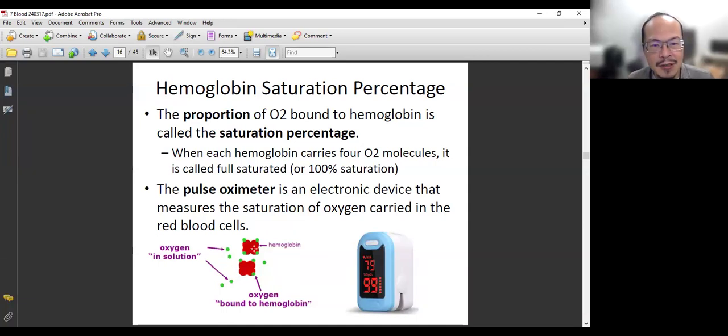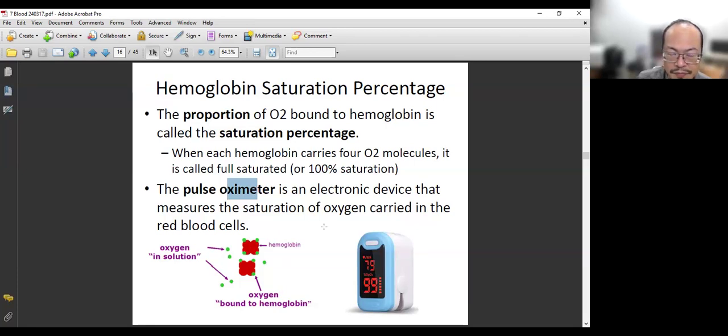We can measure this saturation percentage with a pulse oximeter, using pulse oximetry. We can measure the pulse rate, and also the oxygen saturation percentage.